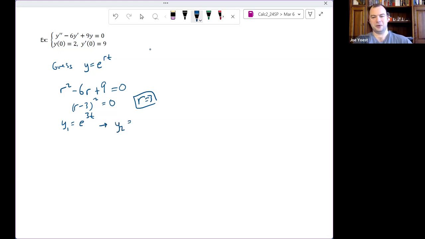The way that I generate y2 is by multiplying by t. y2 is t times e to the 3t. And my most general solution to the differential equation is a e to the 3t plus b t e to the 3t.